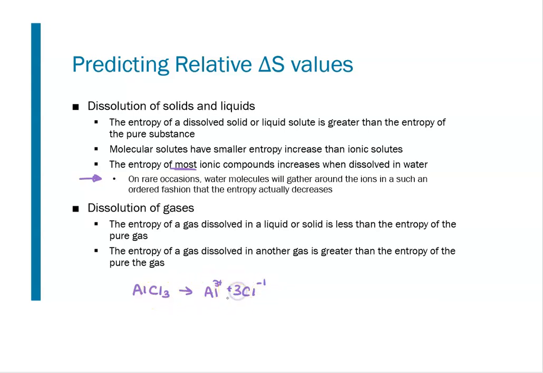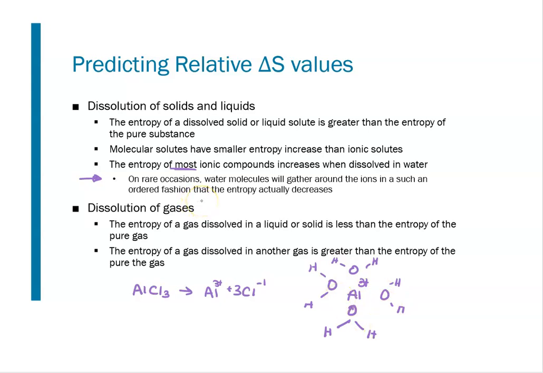So I break apart into 4 different particles here when I dissolve it in water, but because the intermolecular forces are so strong, sometimes you'll have water molecules that are attracted to these small, highly charged ions. So aluminum is small, but it is very charged. It has a 3+ charge. And so the water molecules will arrange around it in a structured fashion. So it actually decreases the entropy. This happens very, very rarely.